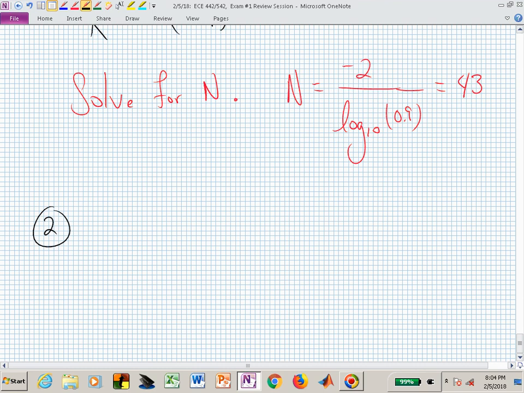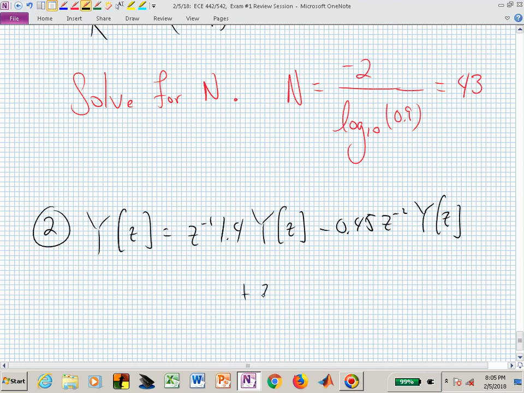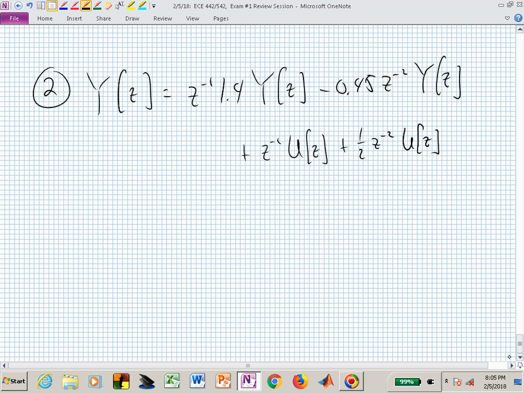If we z-transform the difference equation, we're not worrying about initial conditions because we just want to get the transfer function of our system.